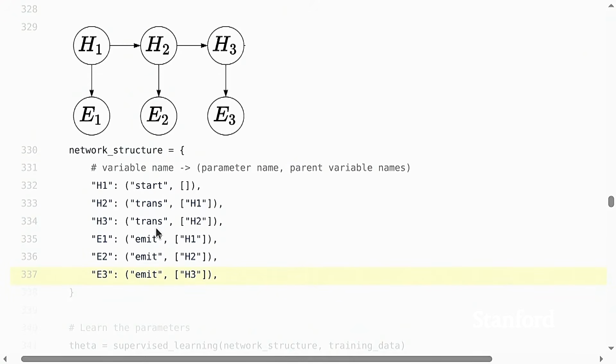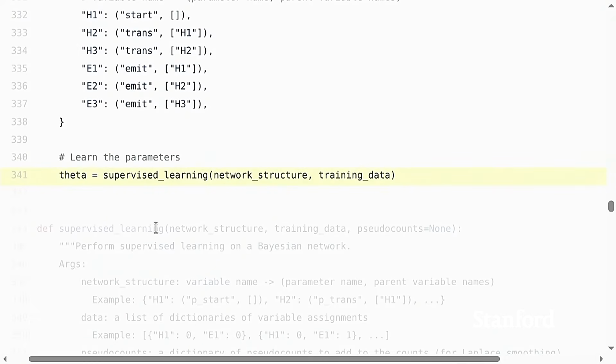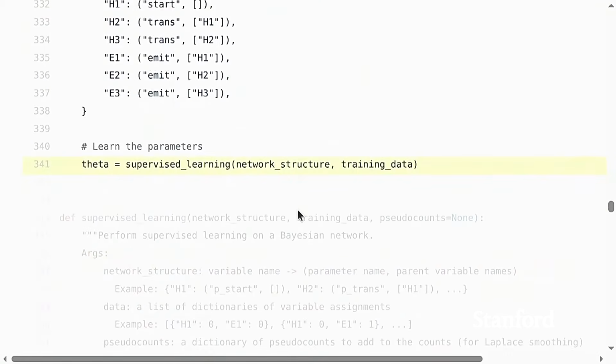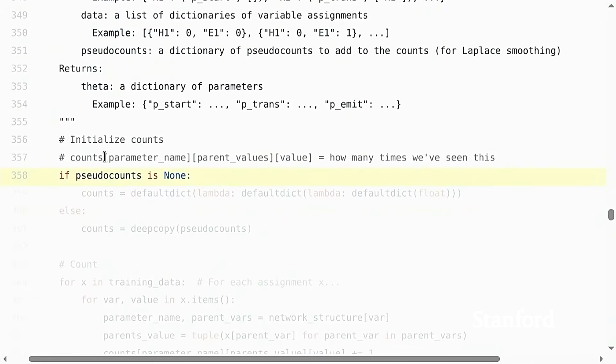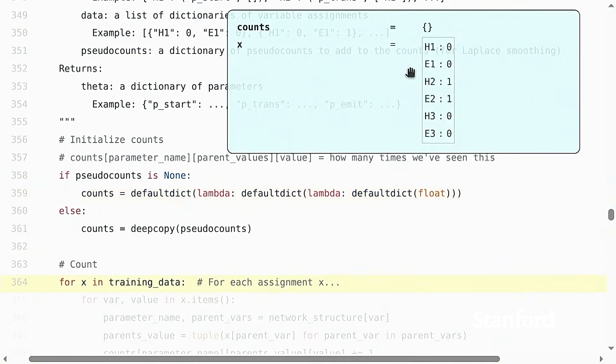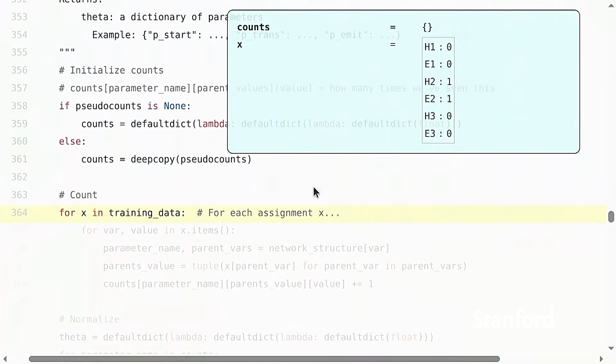So this is basically a representation of the structure where in addition I tell you which parameters I'm using. Now, with this network structure, there's a very simple function that takes this network structure and the training data, and just gives me parameters. Let's walk through what that looks like. Ignore the pseudo counts; I'm going to come back to this later. I initialize the counts to nothing, and then I loop over the training data.